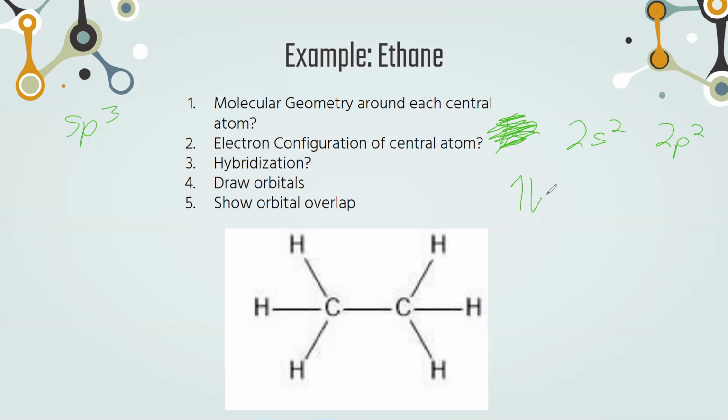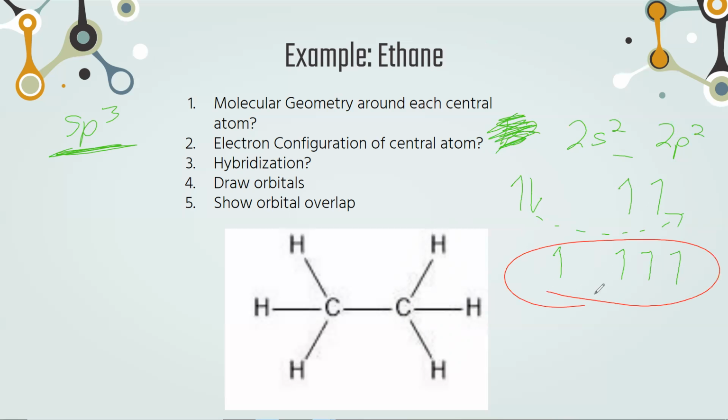So drawing that out, our 2s2 is represented like that, and our 2p2 is represented like this. Now, when these two things hybridize, because that's what's going to happen, because again, we're sp3 hybridized, this downward spin electron here is going to get promoted over, and it's going to get promoted to p. So realistically, what you end up with is something that looks like this. And then those two orbitals are going to overlap and become an sp3.